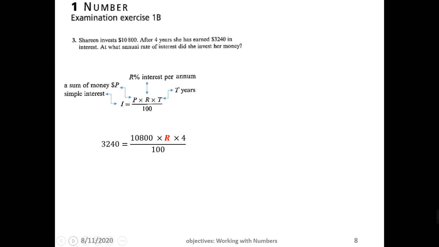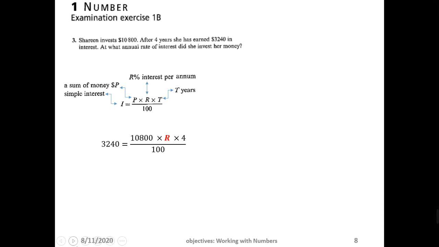So we're solving for R. R is equal to a fraction line. Then I'm going to decide on my denominator. How do I decide that? I ask myself, what was the R multiplied by originally? By the 4 and the 10,800.